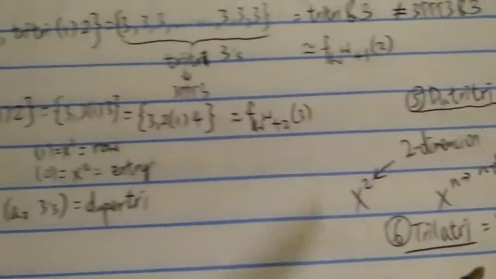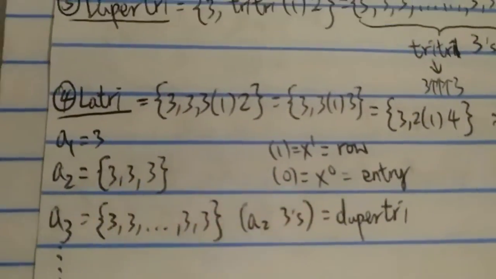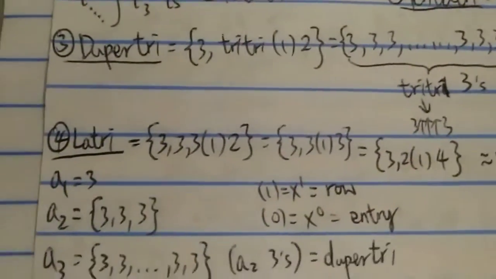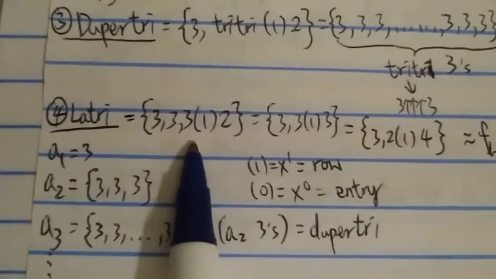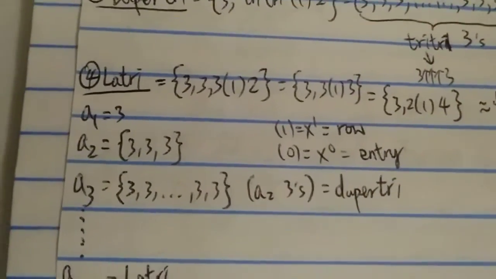I'm not sure. So basically, the thing inside the parentheses represents the dimension. So this is 1 dimension. A linear array would be considered 0 dimension, this is 1 dimension, so if it's a 2, then it means it's a 2-dimensional array.